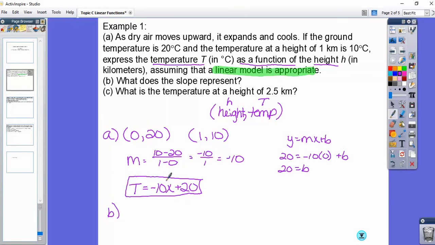B, what does the slope represent? So we find slope by doing change in y over change in x. If you look back here, when we calculate this, it tells you exactly what it is. My 10 and my 20, those were my temperatures, degrees Celsius. My 1 was my height in kilometers. The fact that it's negative tells me the temperature is dropping.